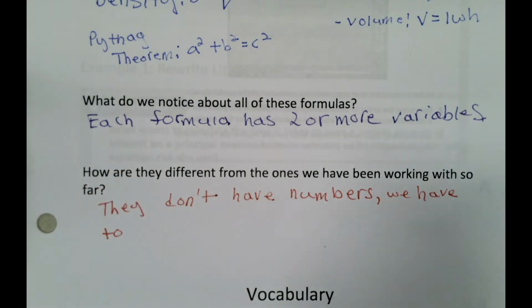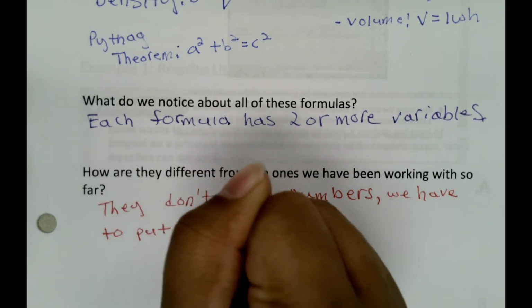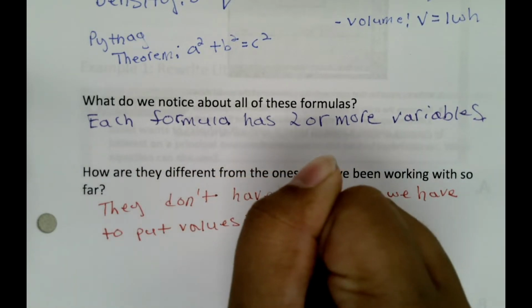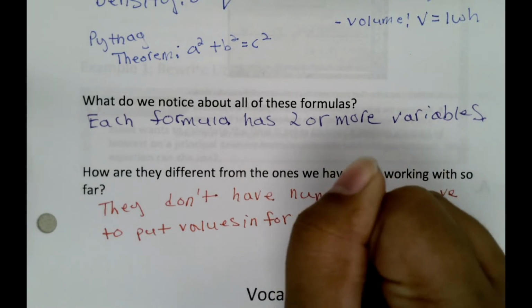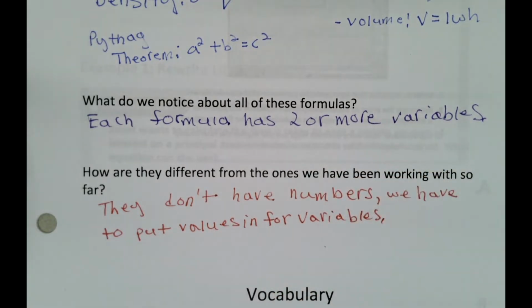So they don't have the numbers as we do. We were working with things like 2x plus 5 equals 7. Well, the only variable we have is one, and the rest of them are numbers, so we can easily solve for x. These formulas don't have numbers, so we've got to put the values in for the variables.